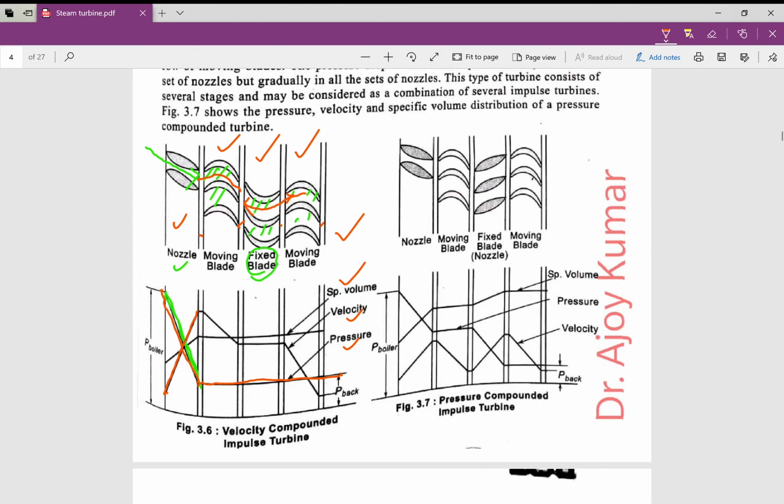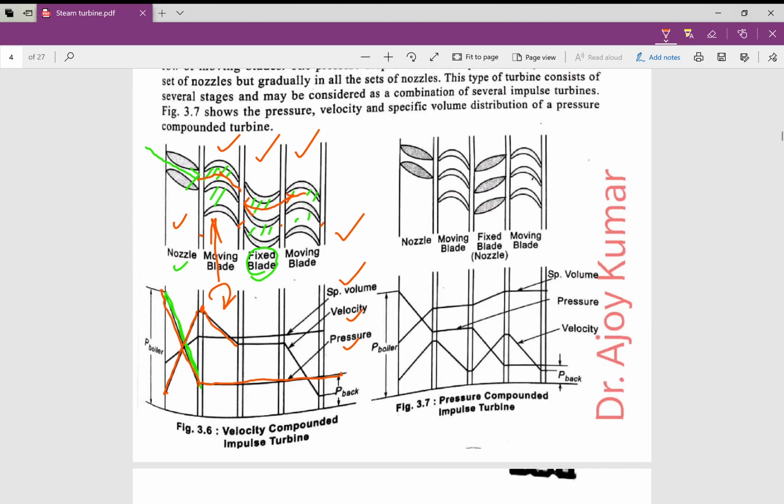Now, at the same time, the moment steam enters the moving blade, velocity decreases. Why is it so? Since this blade is moving, there is a decrease in velocity.